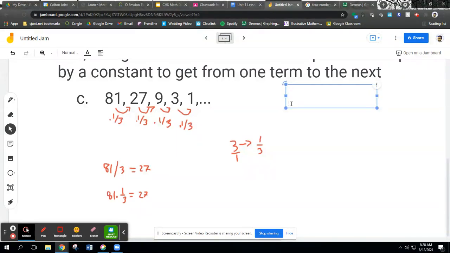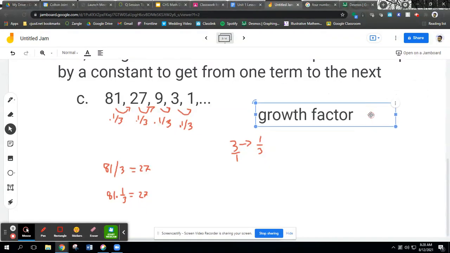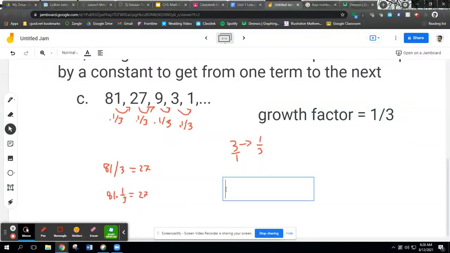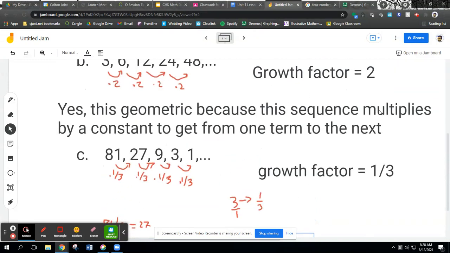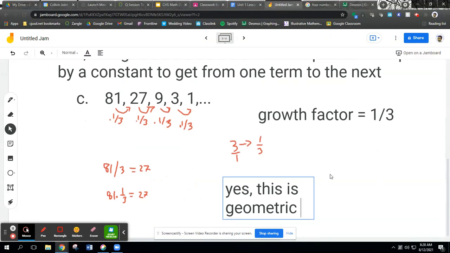So here, the growth factor will be equal to not 3, but 1/3. So that's what we multiply by between each term. So we would say, yes, this is geometric. It's the same reason, because the sequence multiplies by a constant to get from one term to the next.